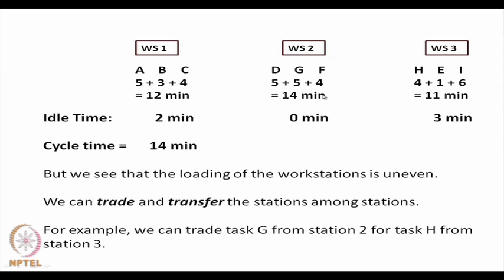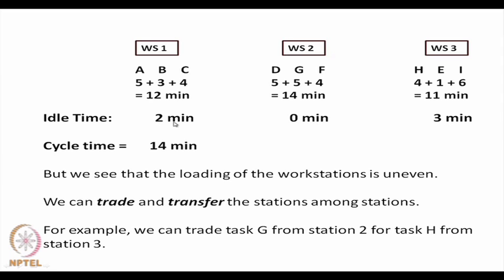And compared to this, the idle times for workstation 1 is 2 minute, workstation 2 0 minute, workstation 3 3 minutes. Now, we see that the loading of the workstations is uneven. It is not very good, because the difference is here 3 minutes, 2 minutes and 0 minute.